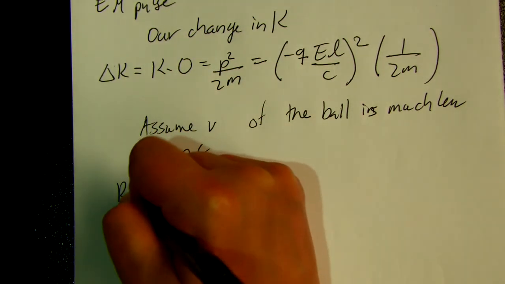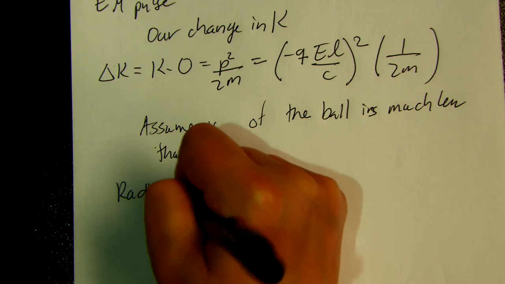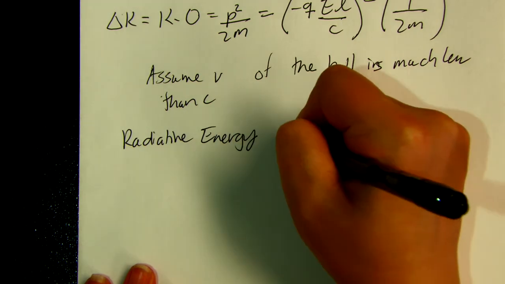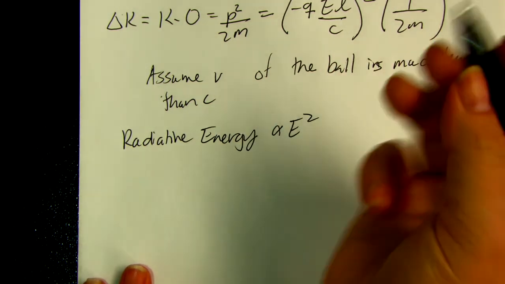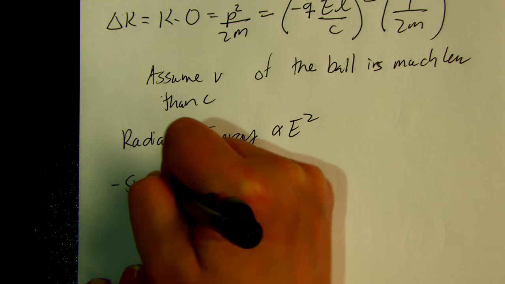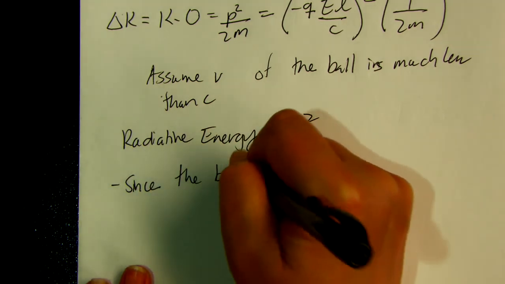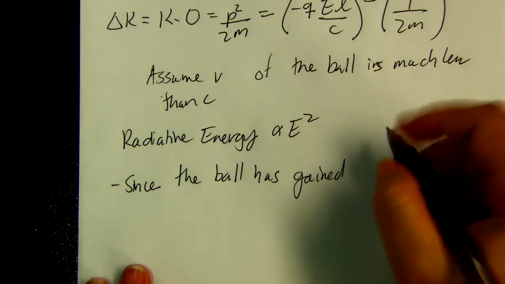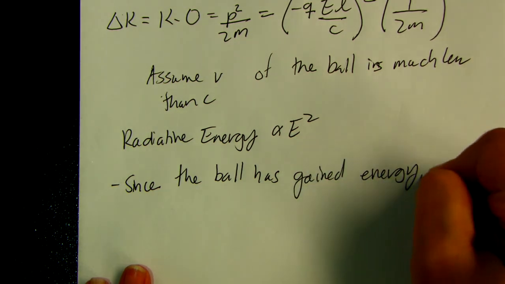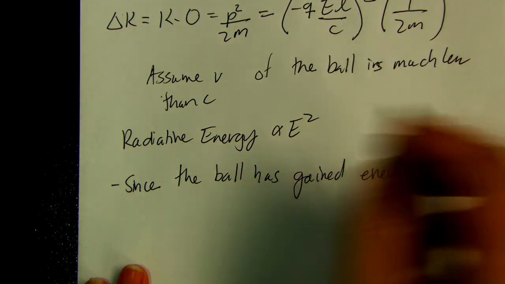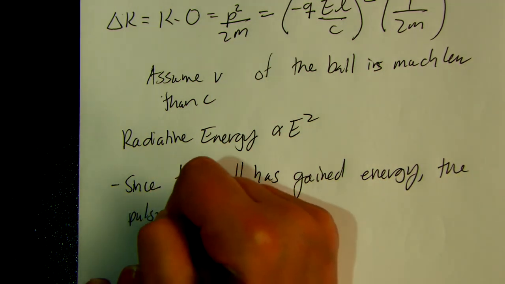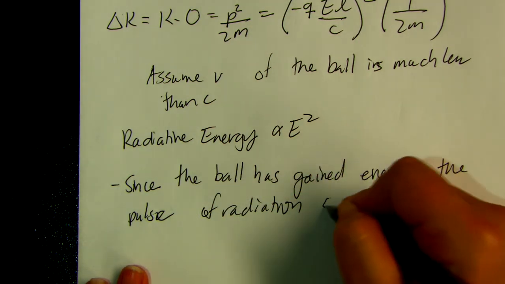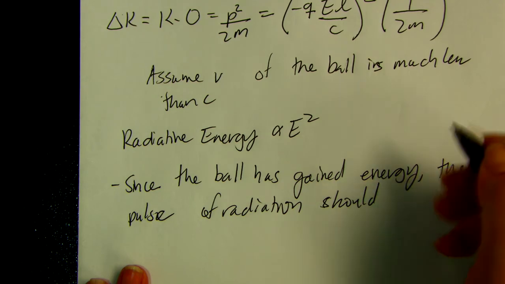And we know radiative energy is proportional to E squared. And since the ball has gained energy, the pulse of radiation should have lost energy. You can't get something for nothing.